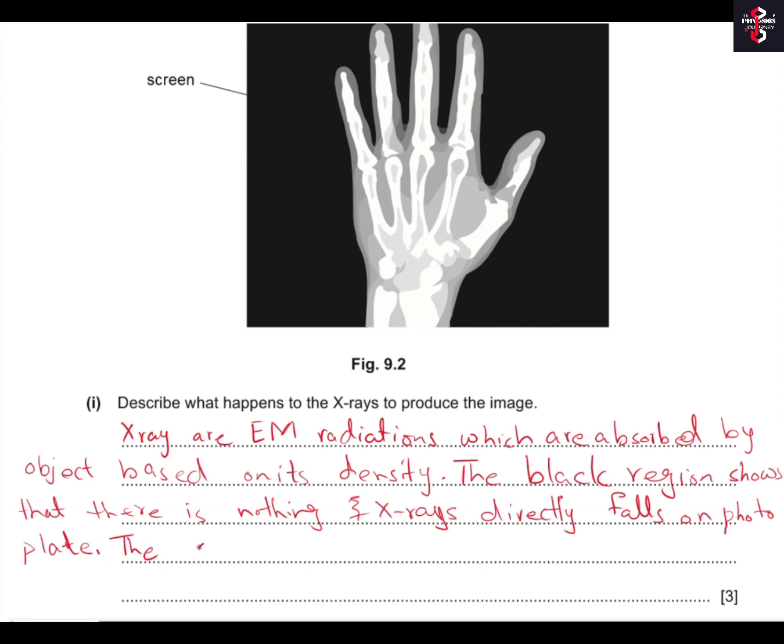The solid white lines are bones, which absorb most of the X-rays.